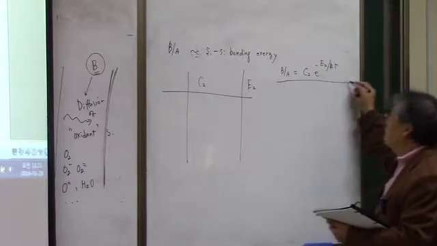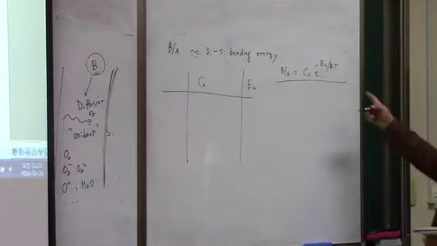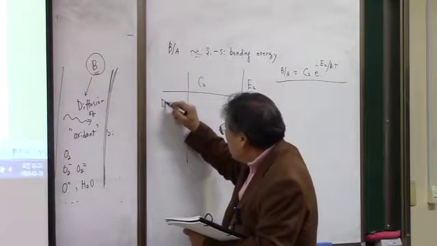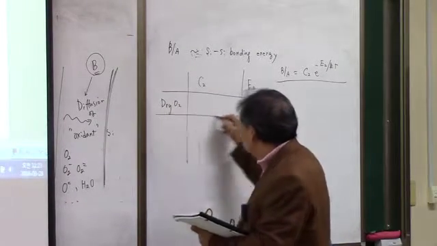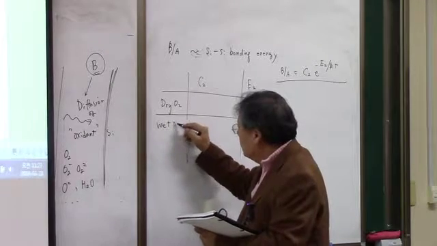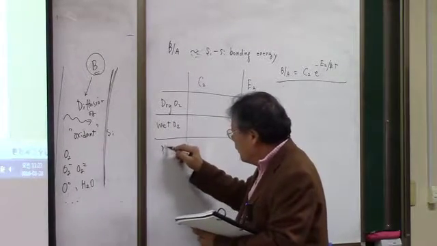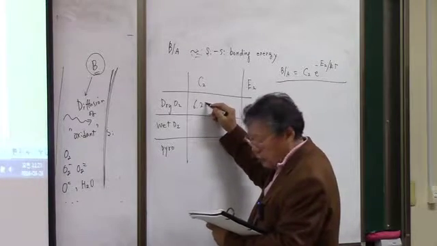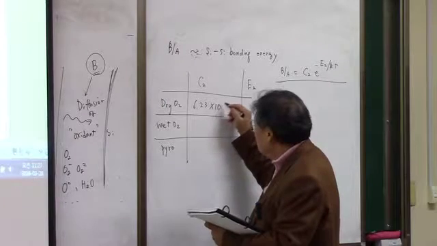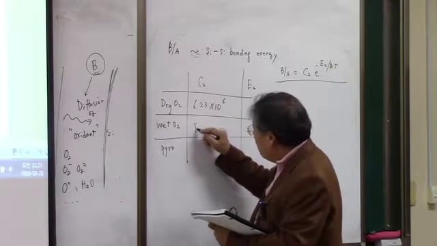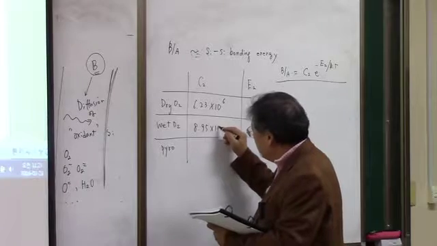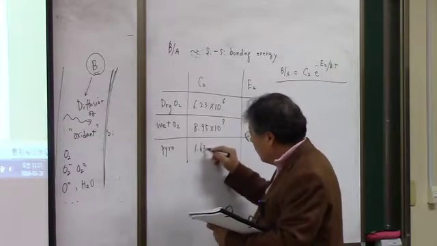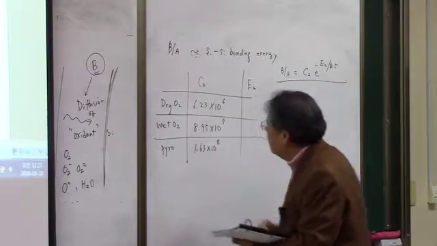You can express this as this equation, for dry O2, wet O2, and the pyrogenic again, see 6.23 times 10 to the 6, 8.95 times 10 to the 7, and 1.63 times 10 to the 8.